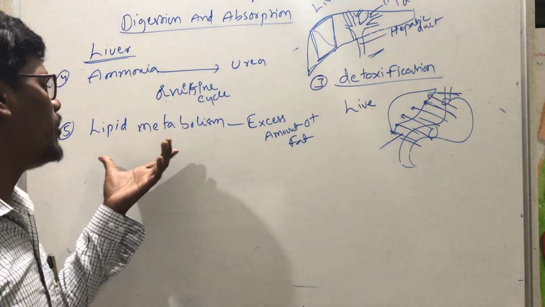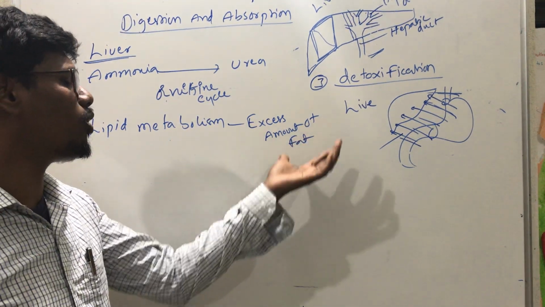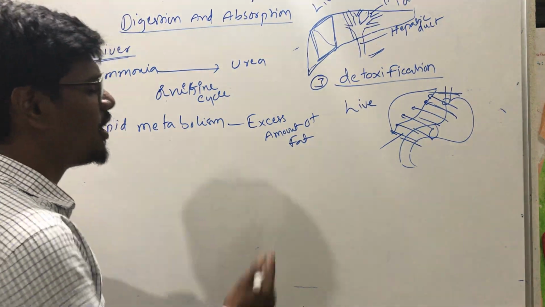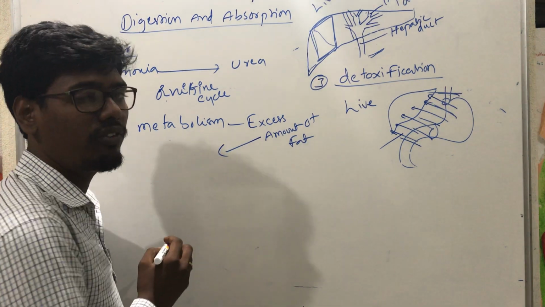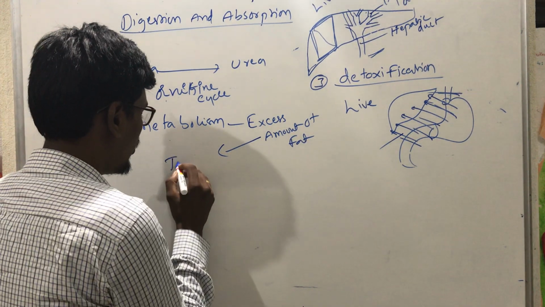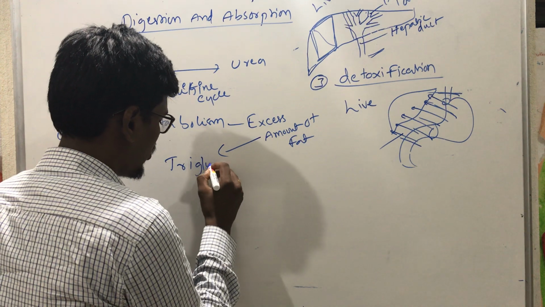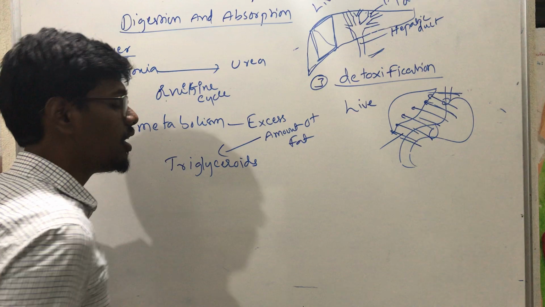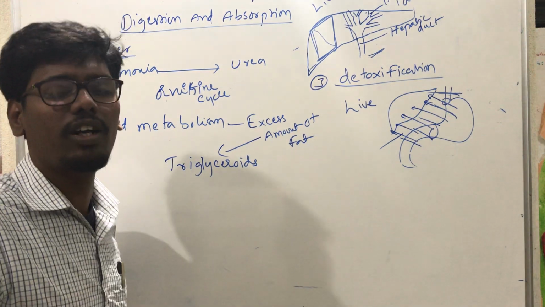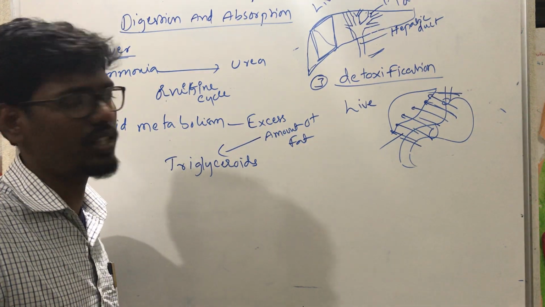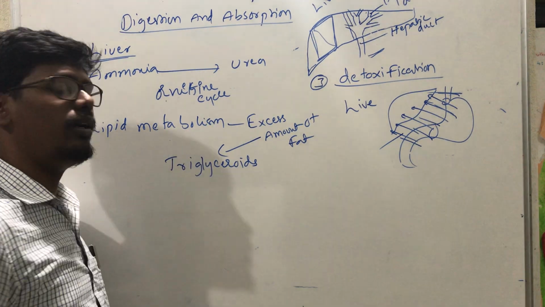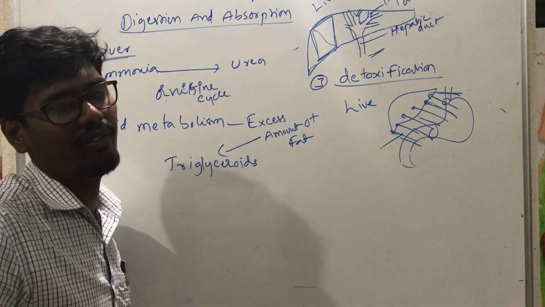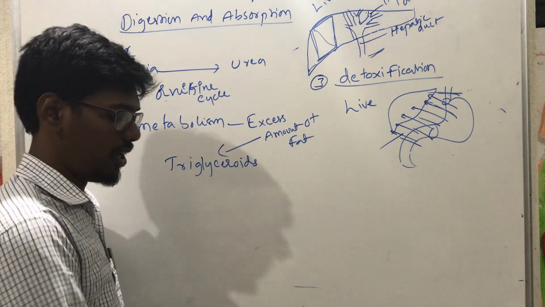Lipid metabolism means the excess amount of fat will be stored in the liver in the form of triglycerides. Understand? That is called lipid metabolism.